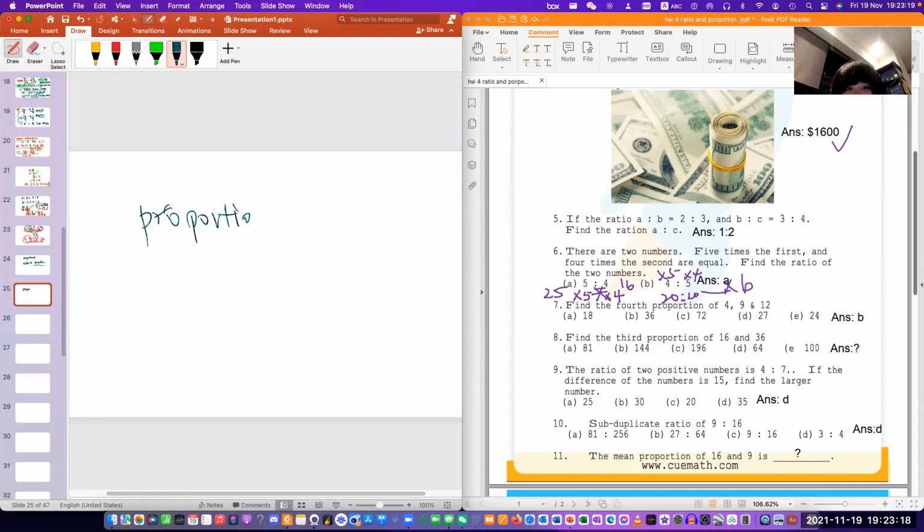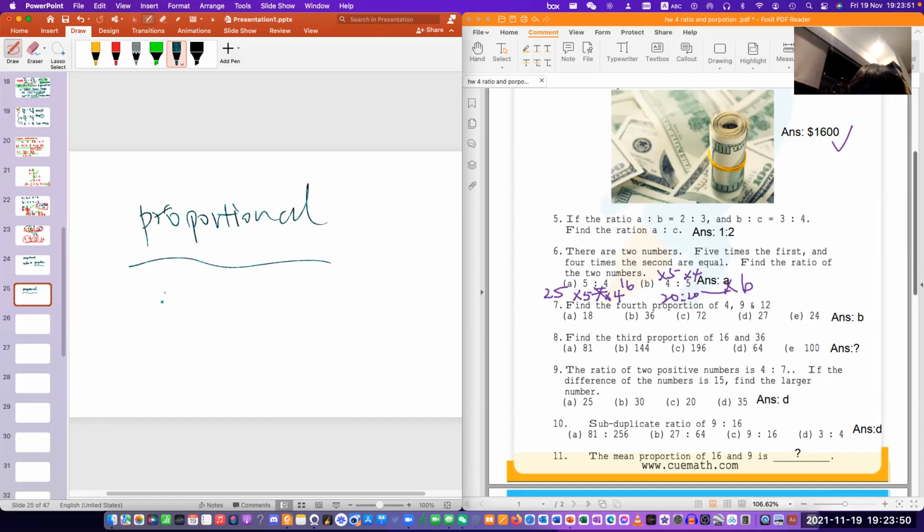Have you heard of the word proportional? Kind of. I've heard of the word, but I don't know the meaning. Okay, so proportional means, what's your weight? Do you mind sharing with me your weight? I'm not telling you.